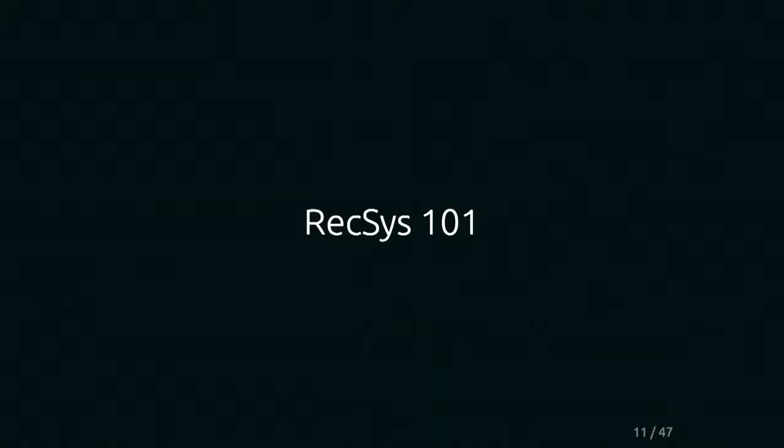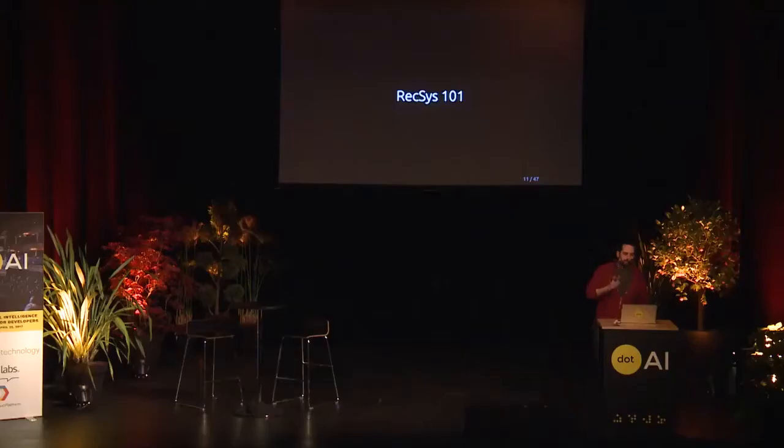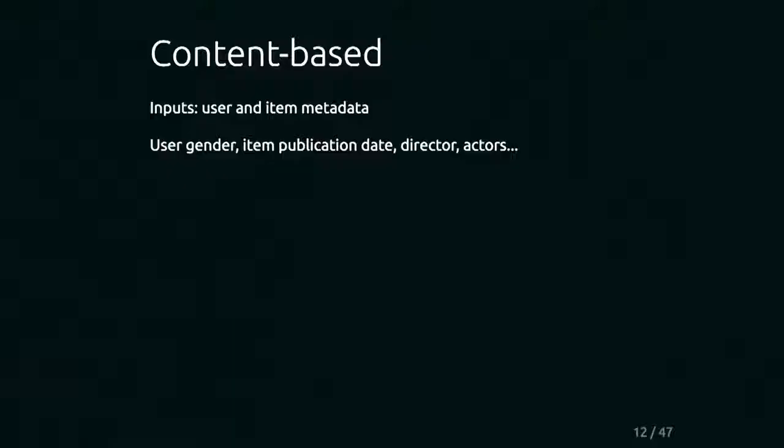So let's talk a bit about the concepts behind recommender systems, now that we know what they are good for. As we've seen previously, there are two kinds of recommender systems based on the input data that we feed to the system. First, there are content-based systems that take a description of the user, like the age, the gender, the geographical location, and a description of the item, like metadata.